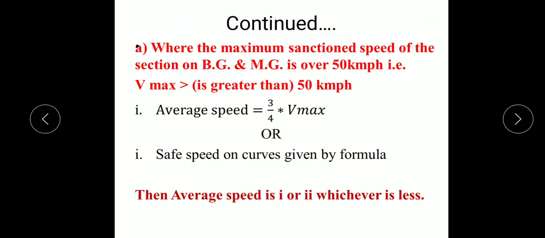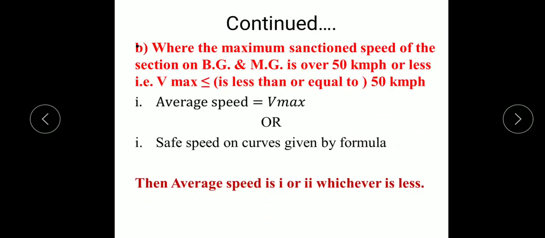In that case, the average speed can be obtained by using the formula: average speed is equal to 3 by 4 into Vmax, or shape speed on curves given by the formula. From these two, we have to take the average speed from equation 1 or 2, whichever is less.